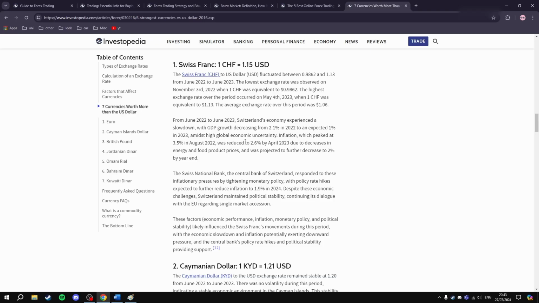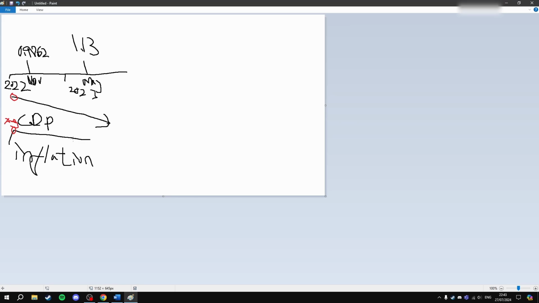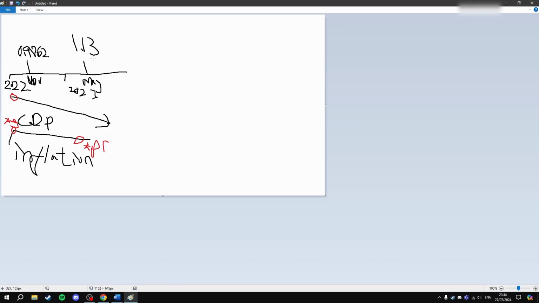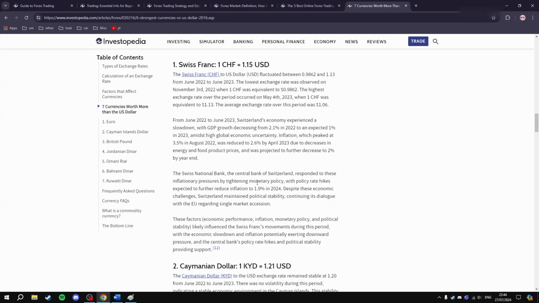August, reduced to 2.6% by April 2023. So April 2023, somewhere around here, GDP is still expected to be dropping to 1%, but then inflation has been reduced to 2.6% by April.